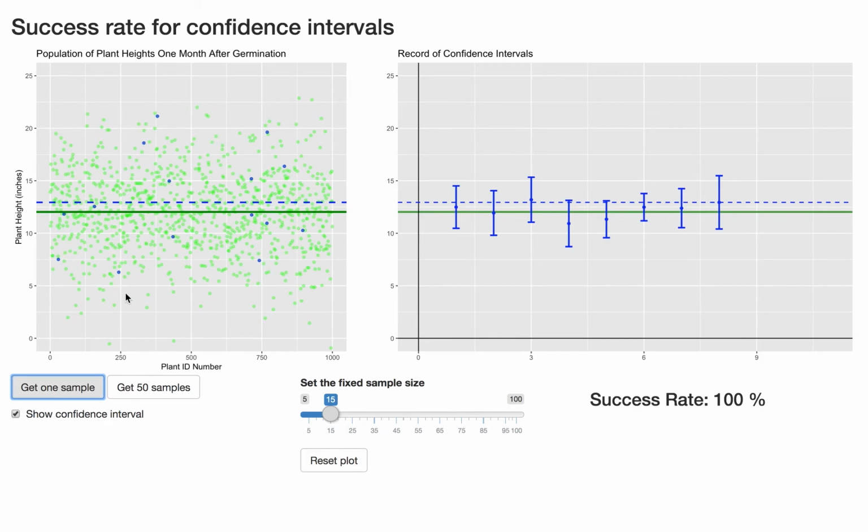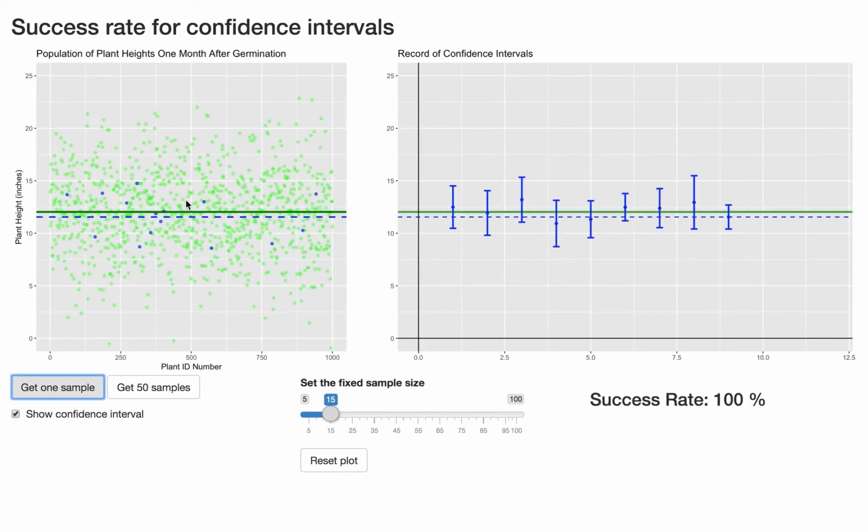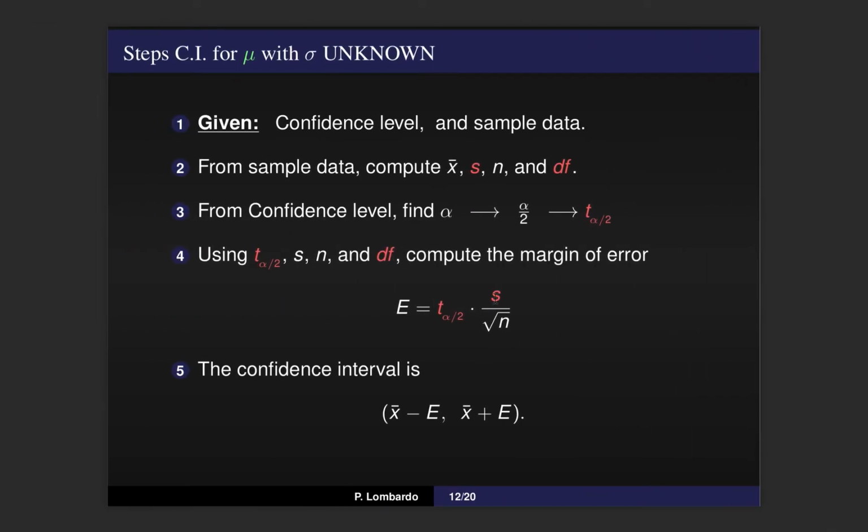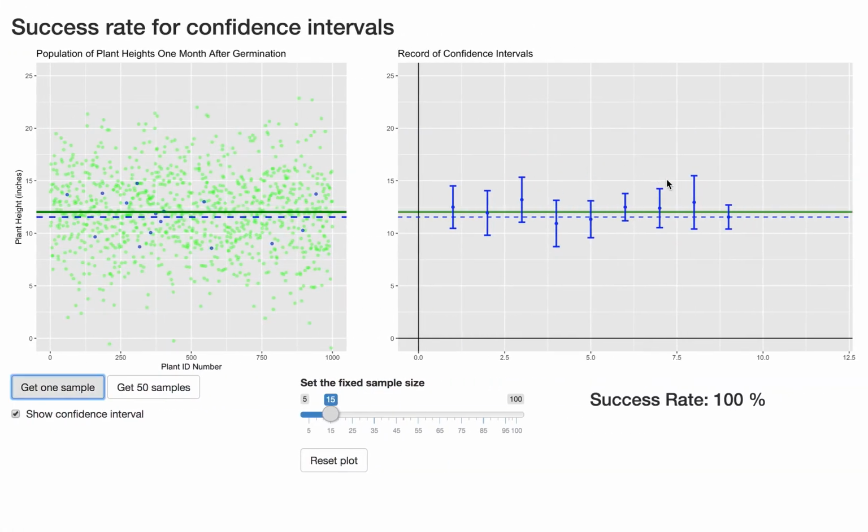And that's because the sample standard deviation ends up being larger for that particular sample. If you get one that's a little bit tighter like this one, your sample standard deviation is going to be smaller, and your margin of error ends up being a little smaller. So there's a couple of moving parts with this new system.